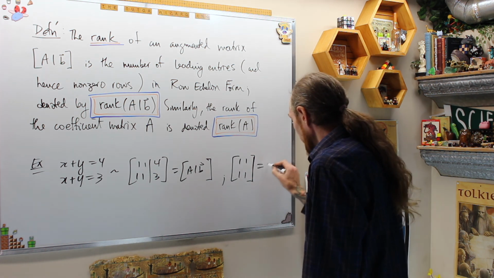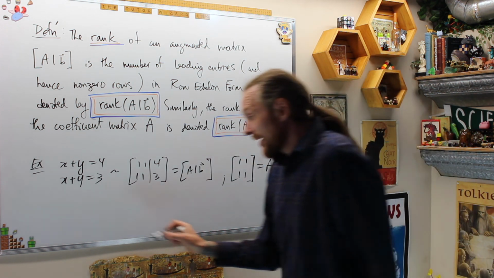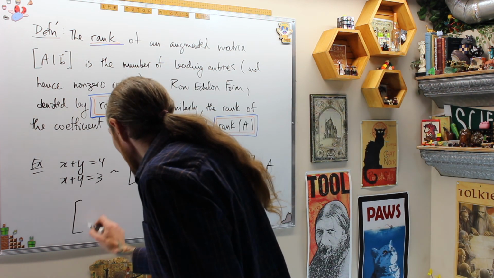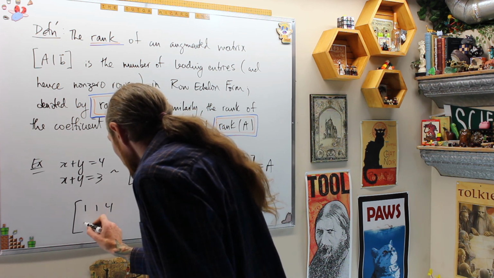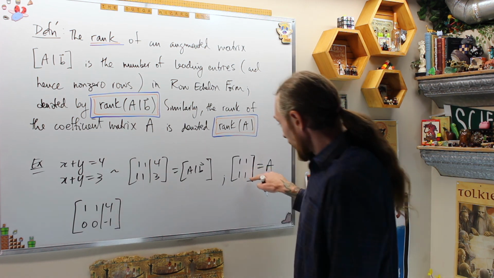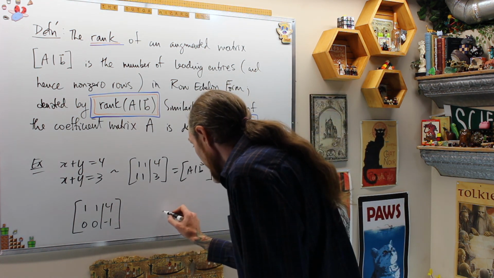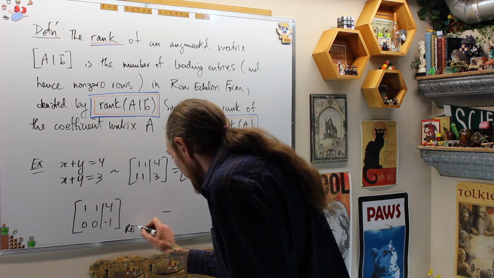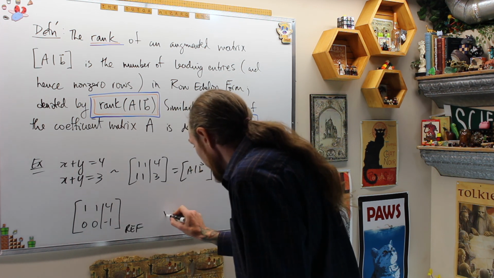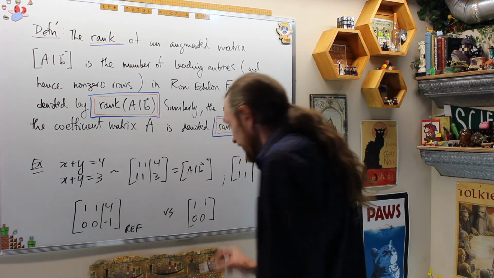This is the coefficient matrix A. When we row reduce this, we get 1, 1, 4 and 0, 0, negative 1. But if we row reduce this without the column, we're going to get 0 and 0. So this is our REF here, and this is versus the REF of A, which is 1, 1, 0, 0.